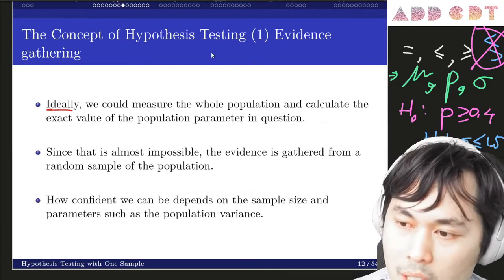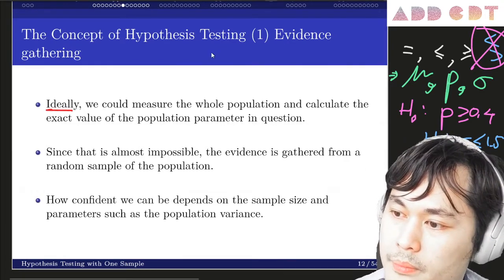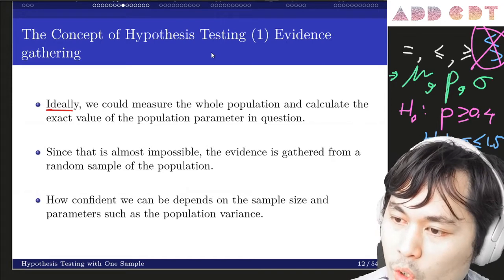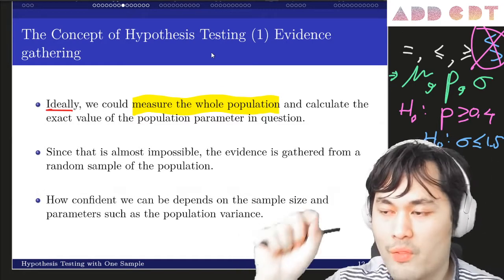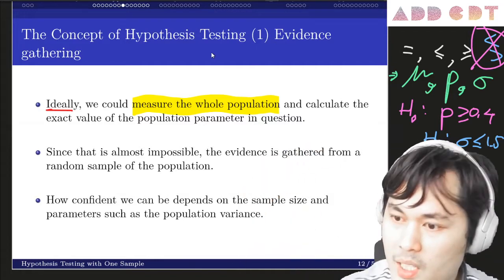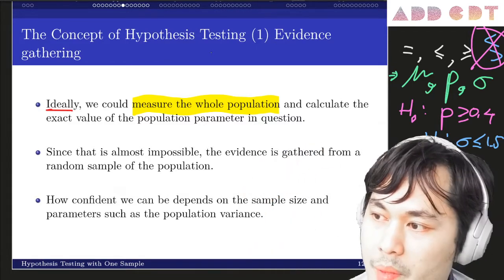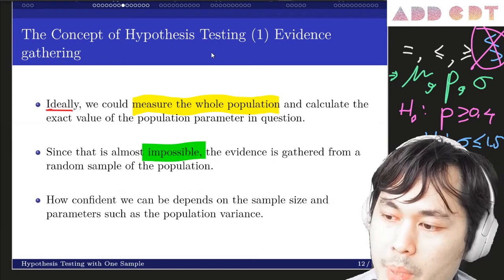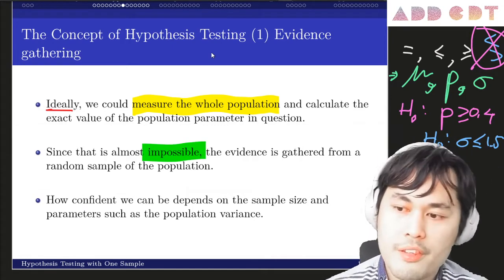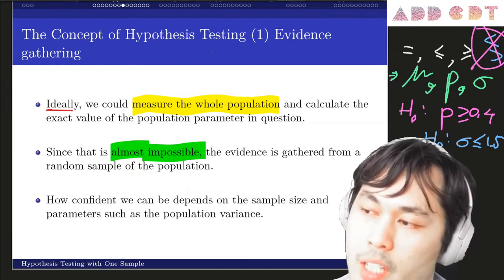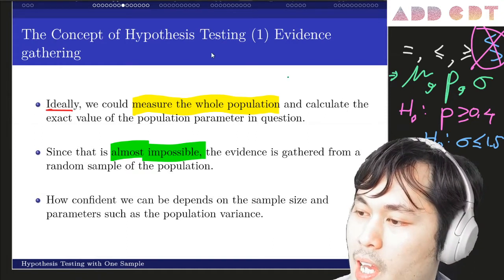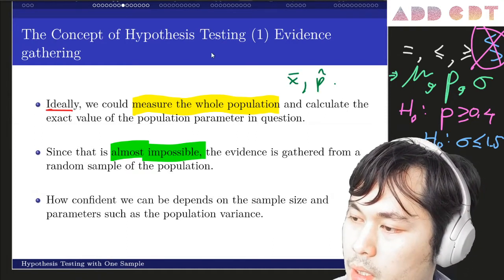Actually, we could measure the whole population and get the exact values of mu, p, and sigma, but of course it is impossible, or almost. So we can only get the alternatives, which are the x bar, the p hat, and s.